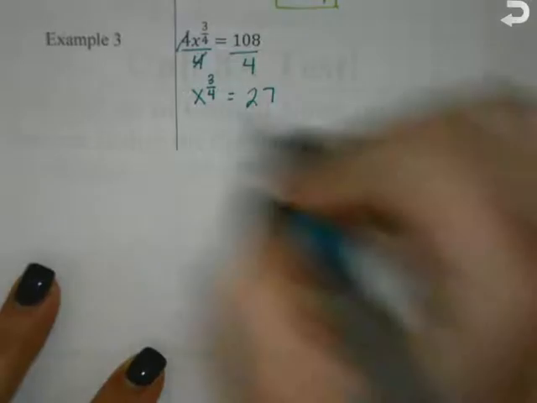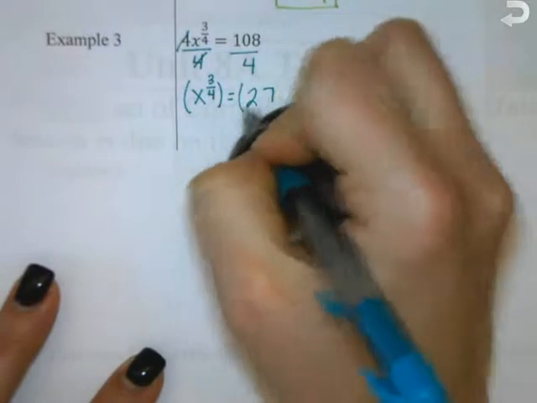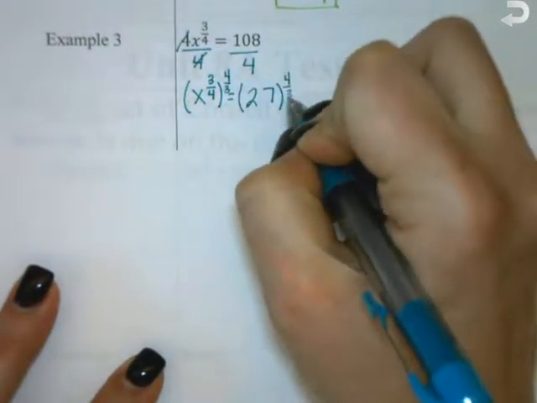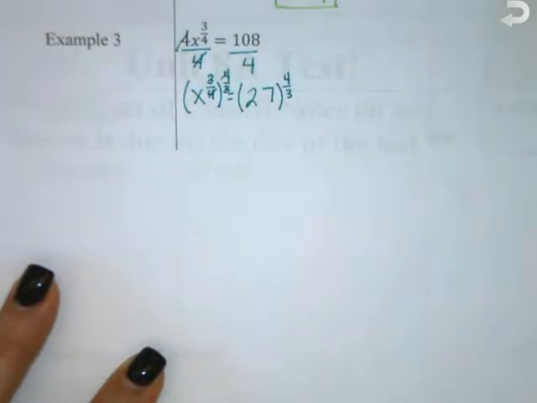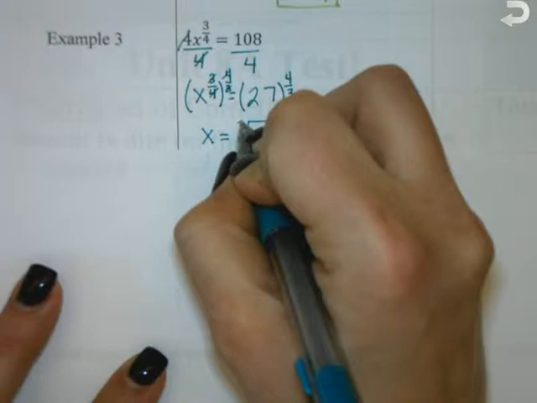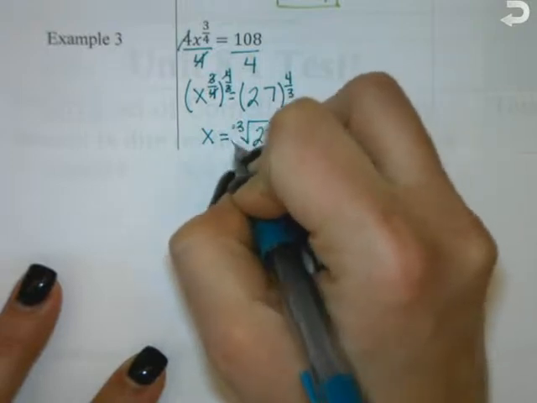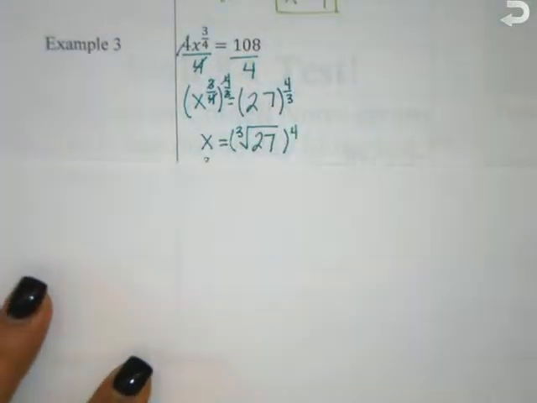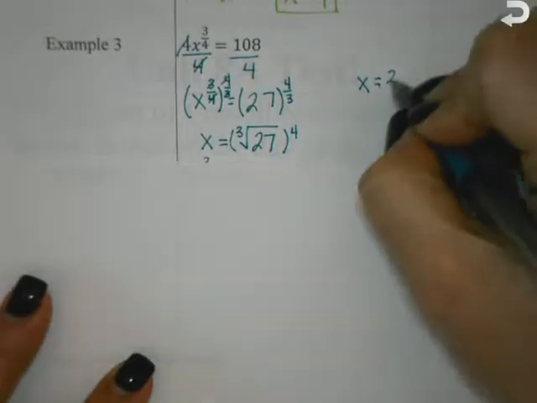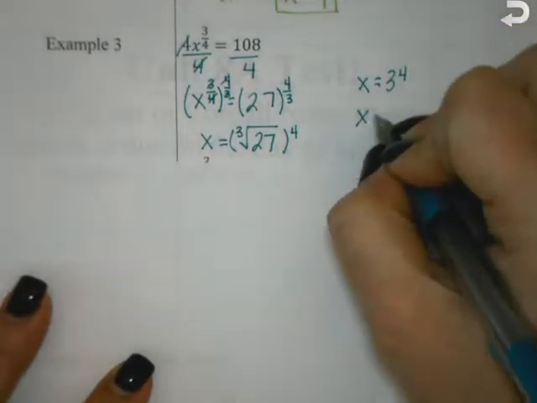And now we can raise both sides to the reciprocal power, which is 4/3. So your exponents reduce on the left. We get x equals the cube root of 27 to the 4th. Cube root of 27 is 3, and 3 to the 4th gives us 81.